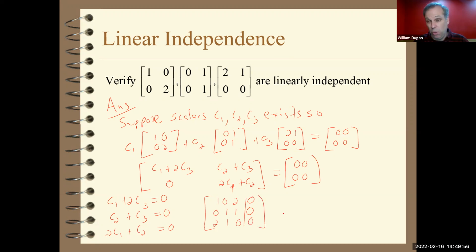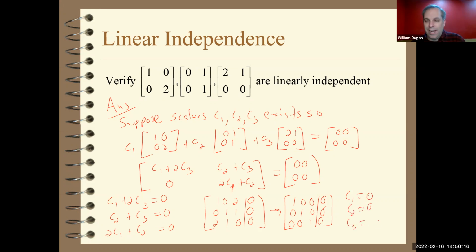I'll just skip the work for you. If you get the row reduced echelon form, you can use your calculator to do so, you'll get the matrix 1, 0, 0, 0, 0, 1, 0, 0, and 0, 0, 1, 0, which means that C1 is 0, C2 is 0, C3 is 0.